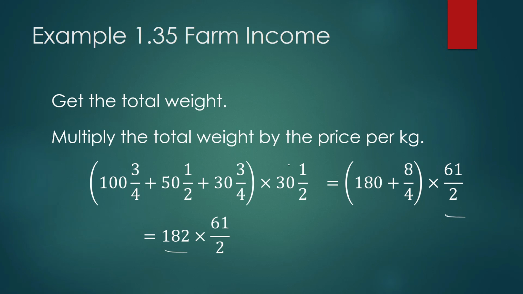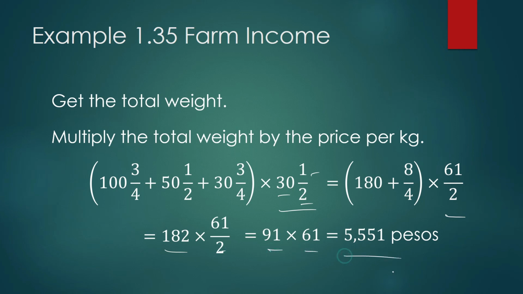Again, where did 61 over 2 come from? It came from this: 2 times 30 is 60, plus 1 is 61. 182 divided by 2 is 91. And so 91 times 61 is equal to 5,551 pesos. So this is the total income earned by the farmer upon selling all her or his harvests of watermelons.